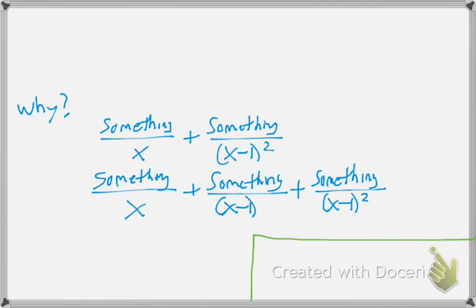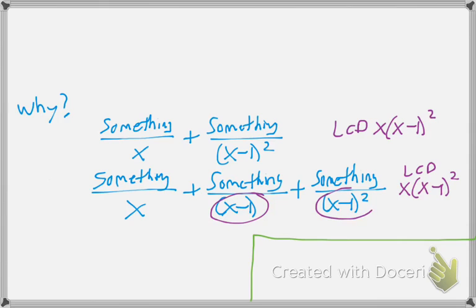So we're trying to figure out the LCD. The LCD of this first one between x and x minus 1 squared is x and x minus 1 squared. But the LCD for the second one is also x and x minus 1 squared, because it's the greatest number of times it appears in any one denominator. So you have an x minus 1 here, you have an x minus 1 twice here, so you want it twice in your LCD.